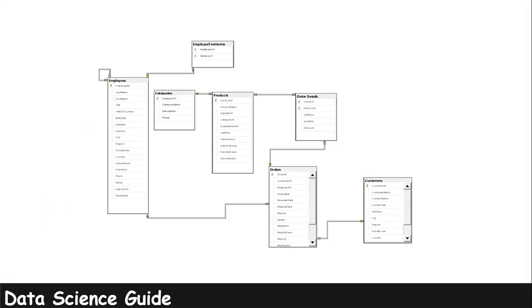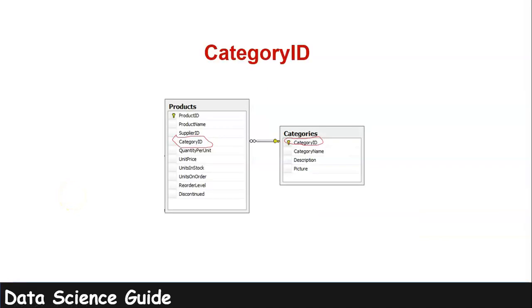So let's have a look at this example database. Let's say that we want to take one relationship between two tables, and let's focus on the relationship between these two tables, categories and products. In the products table, we have these fields.